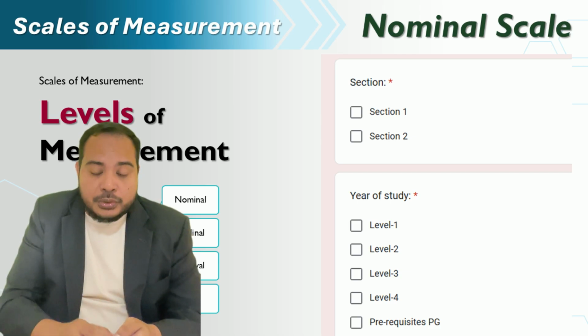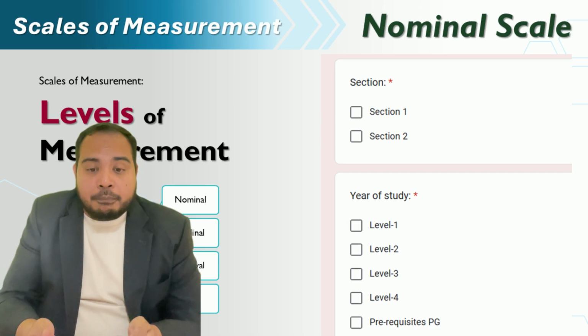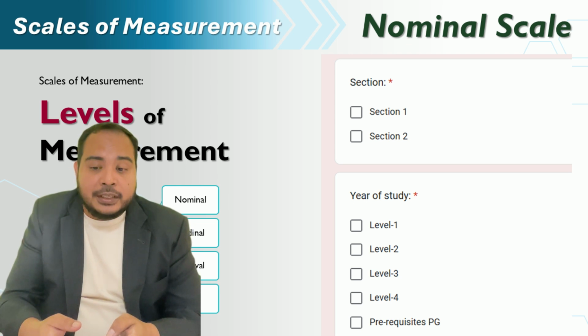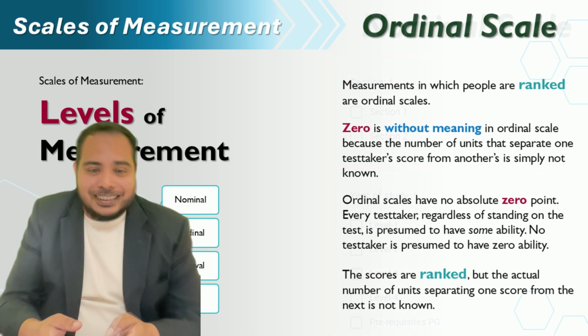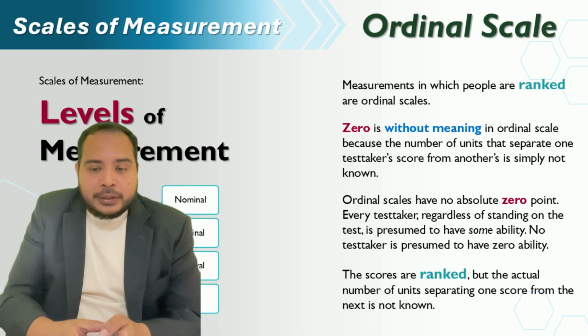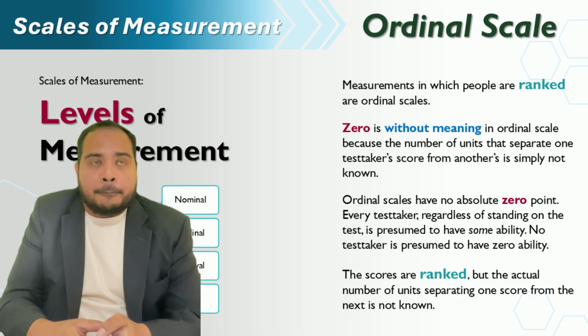So all of those, even though we assign numbers, the level of measurement is only classification for nominal scale. The second one is ordinal scales. Ordinal scale is where people rank the score.